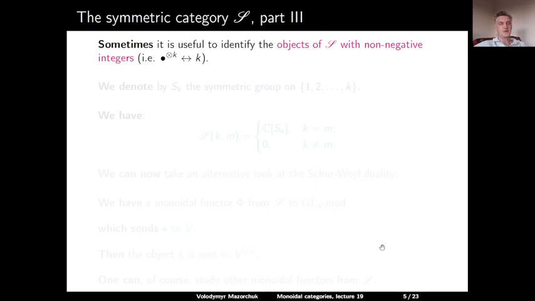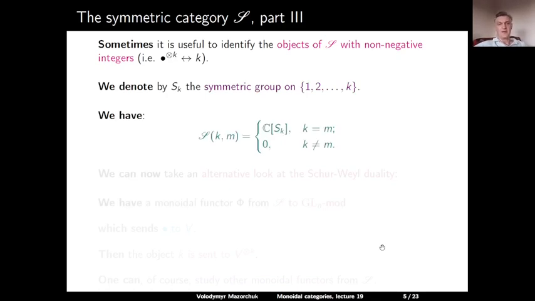Sometimes it is very useful to identify the objects of our category S with non-negative integers. And so the k-fold tensor product of bullet with itself can be identified simply with k. And as already mentioned, Sk is the symmetric group on k elements. Then we can describe the morphism spaces between different objects in our category.